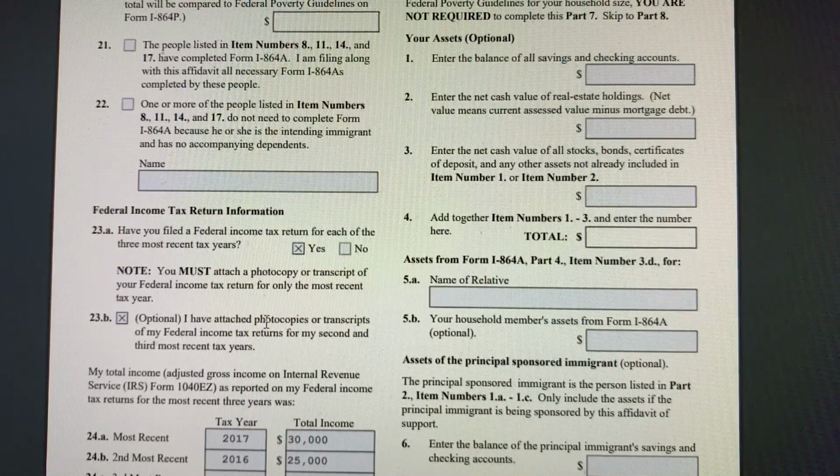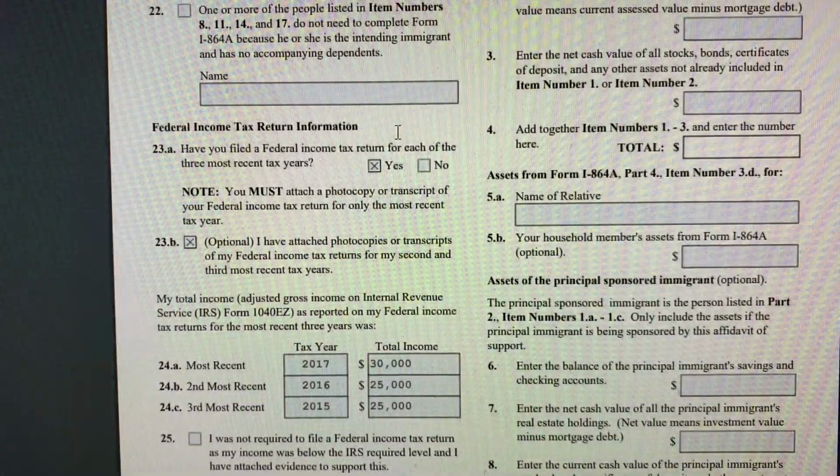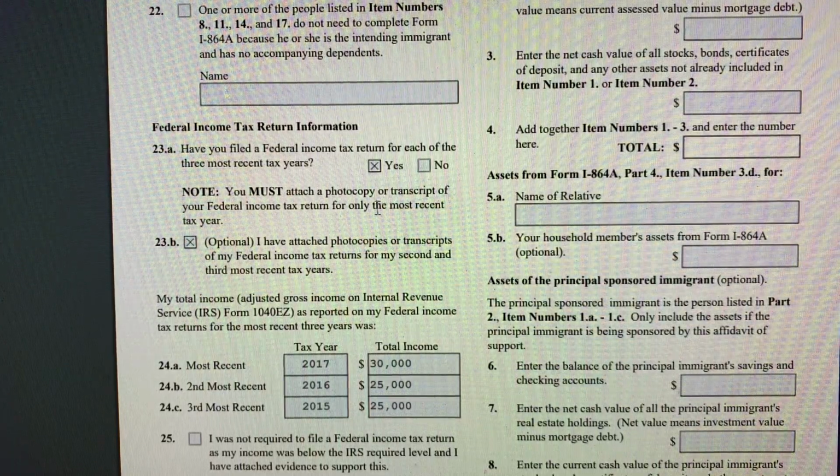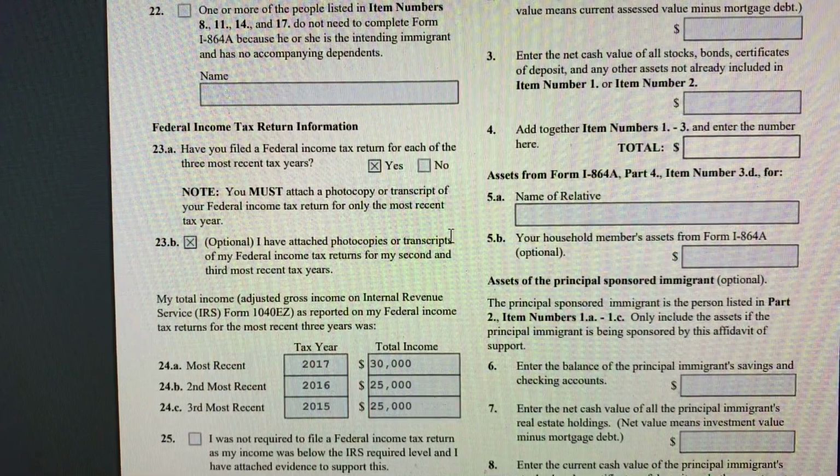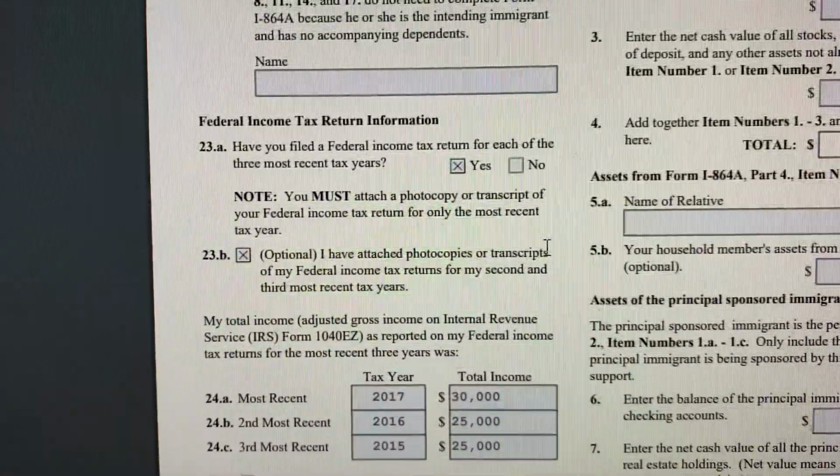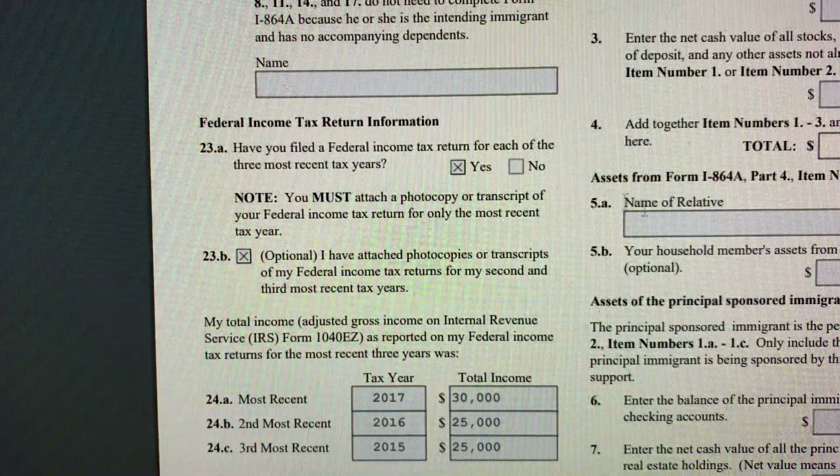Federal income tax return information. This is very important, guys. Have you filed a federal income tax return for each of the 3 most recent tax years? Yes.